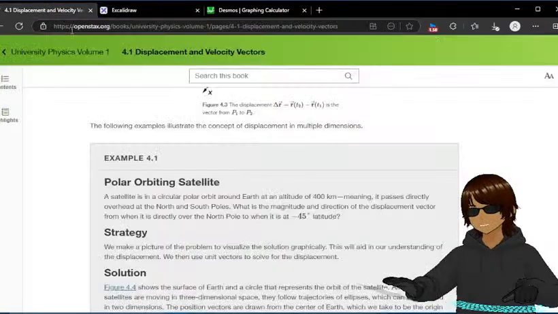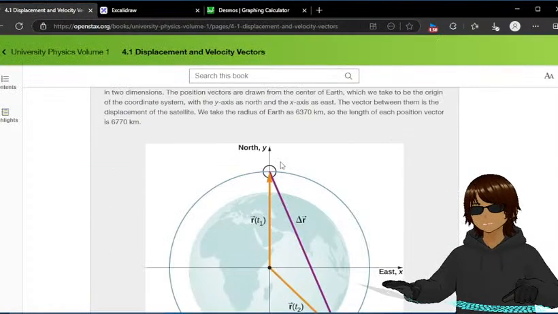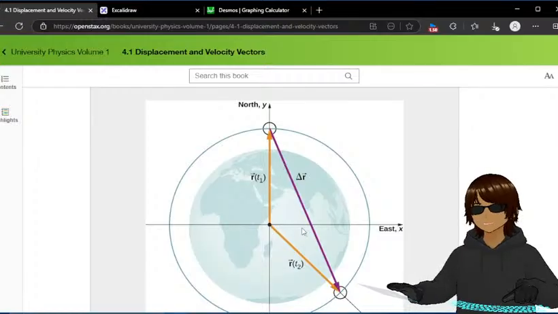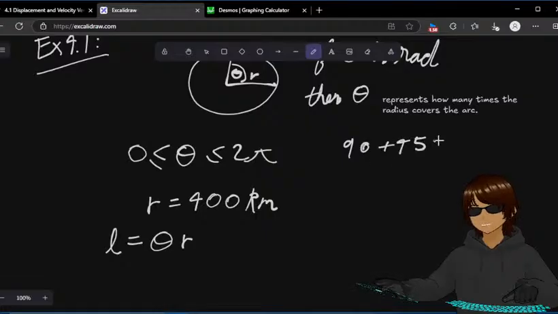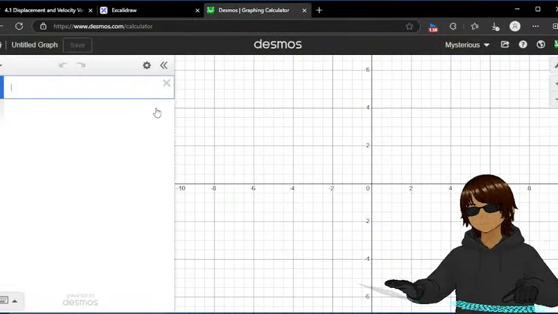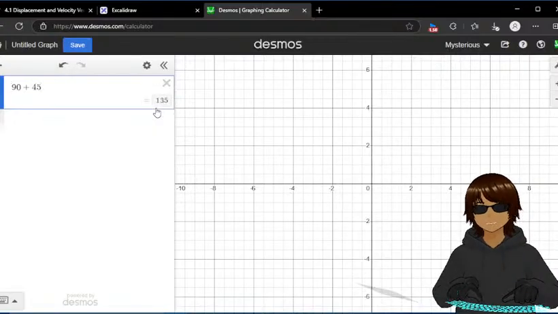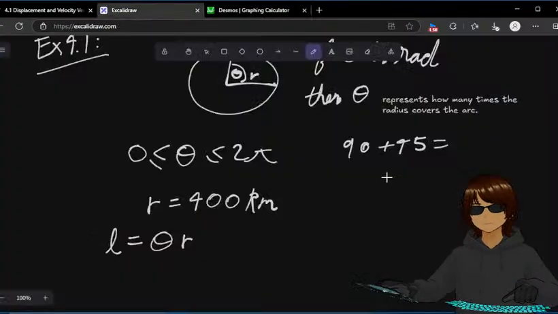So it covers 90 degrees and another 45. 90 plus 45 is 135.